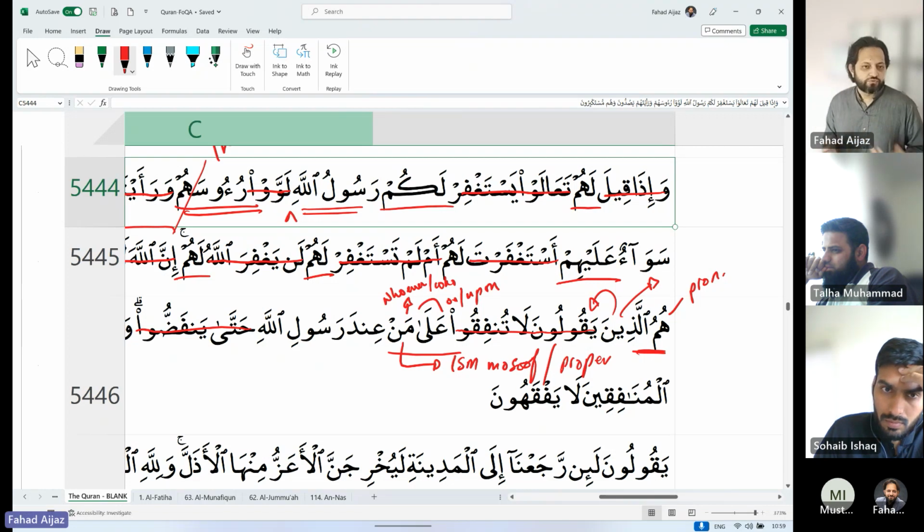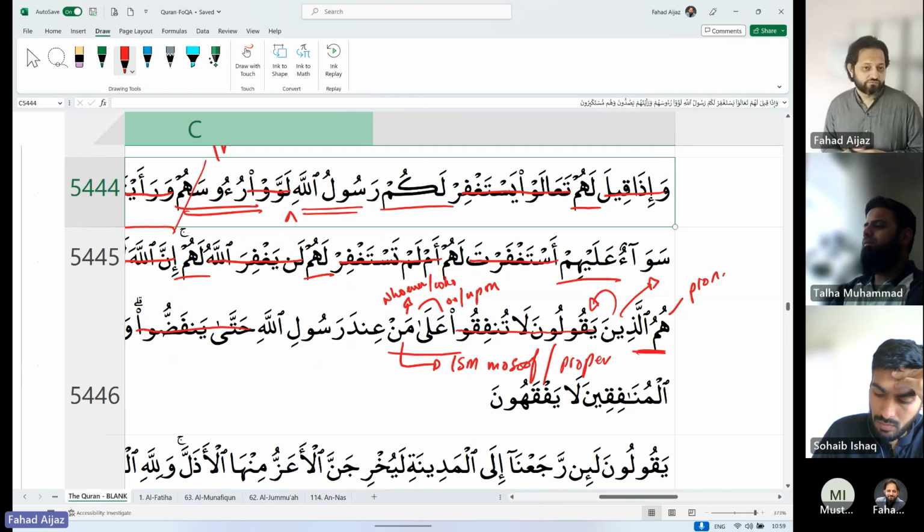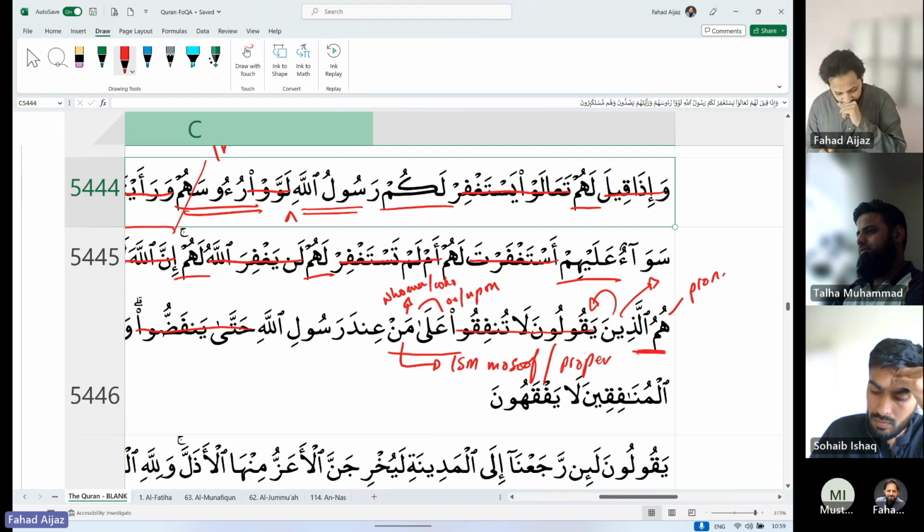Ism mausuls do not come as mudaf. Pronouns do not come as mudaf. Proper names do not come as mudaf. So because of this, man would not have a mudaf ilayh relationship with the next word. You cannot start to see man as an idafa.